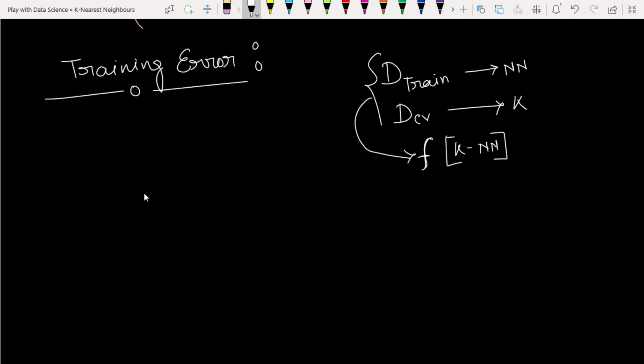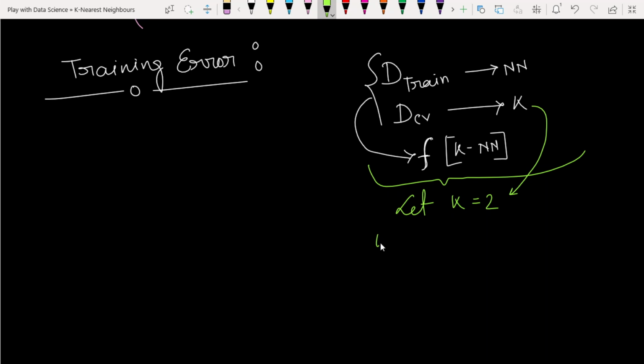Now suppose from these two things we got k equals 2. So let k equals 2, which we got from our cross validation data.